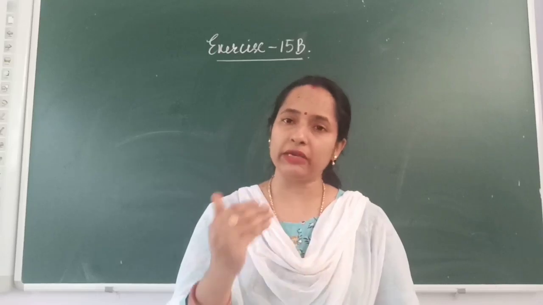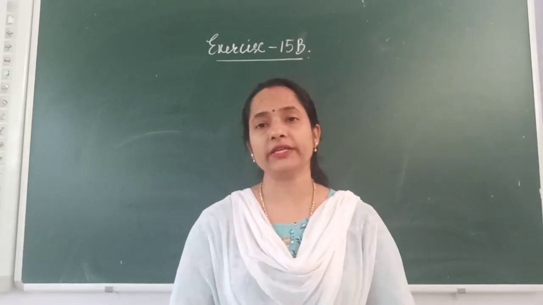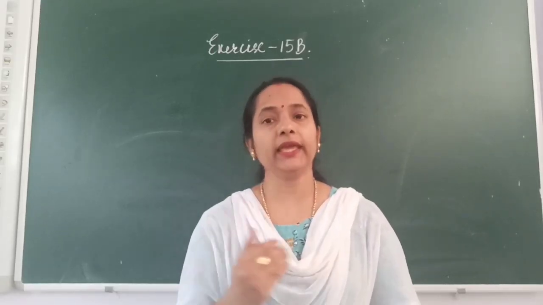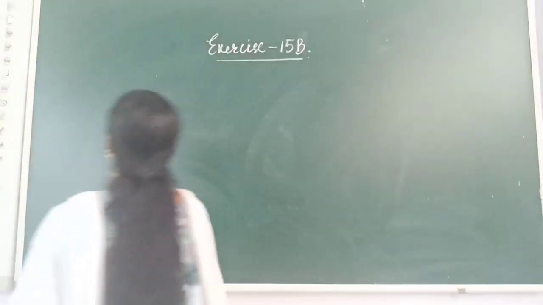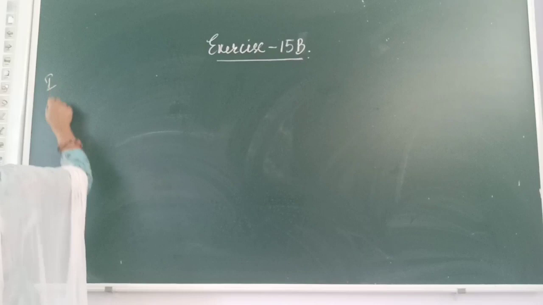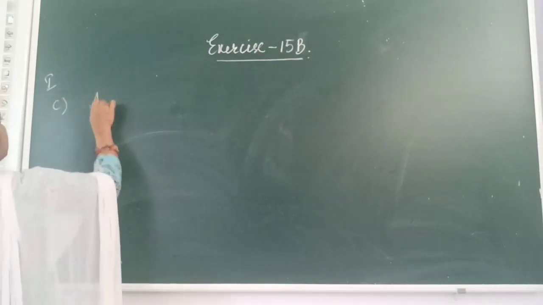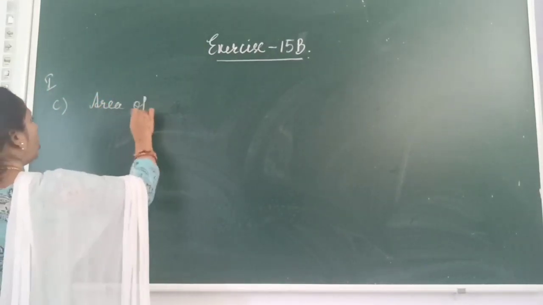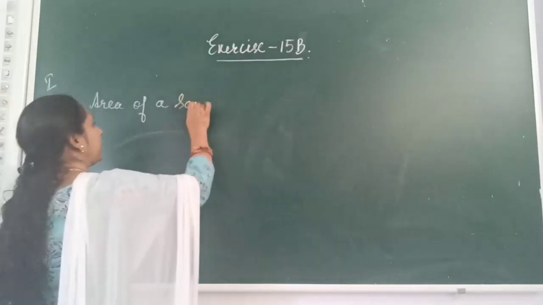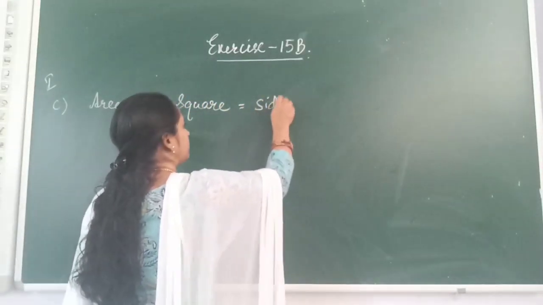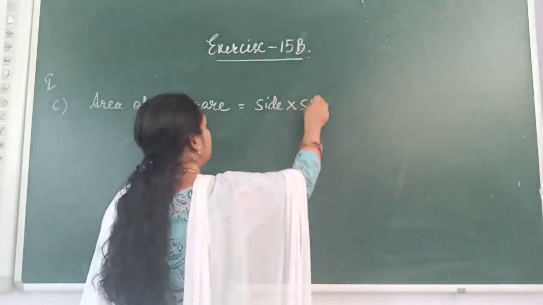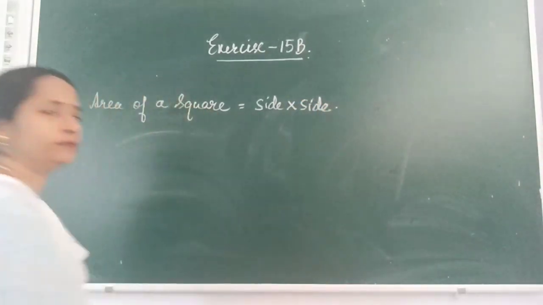So, the square's perimeter is given. How will you find its area? What is the formula for the area of a square? We know that area of a square is equal to side multiplied by side, isn't it?